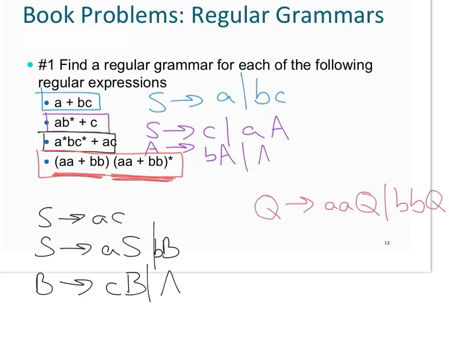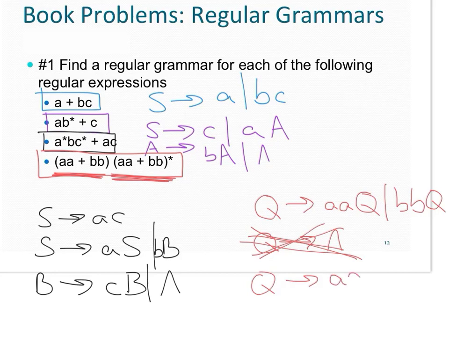We can't say Q goes to lambda as another rule, because that would mean that lambda would be in our language, right? We can't have lambda in our language, so that's not a rule we can have. So what we need to do is, when you're done with making as many extras as you want, make sure that Q goes to either an AA or a BB.